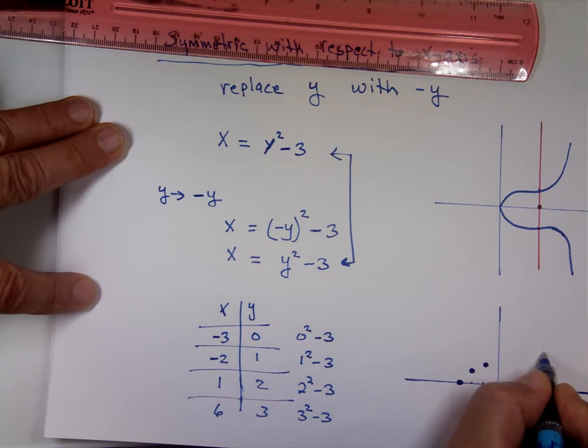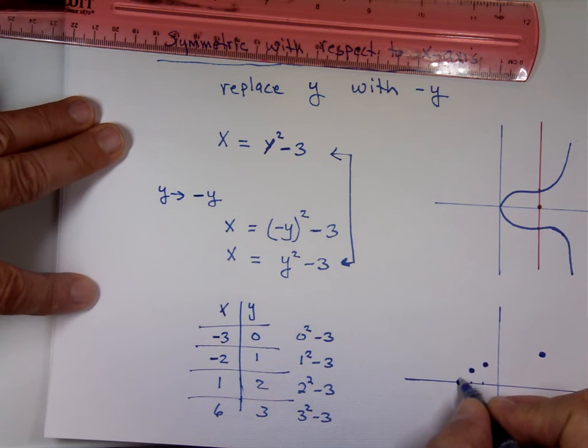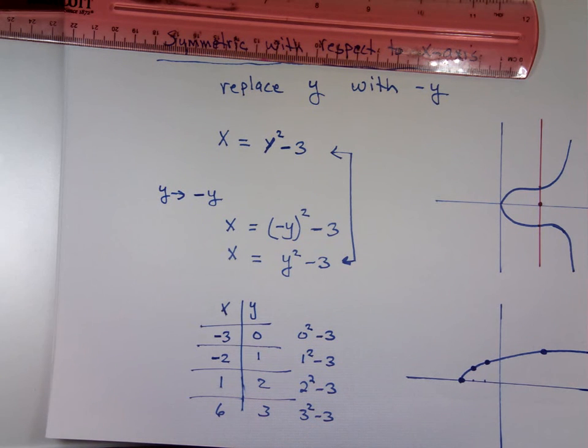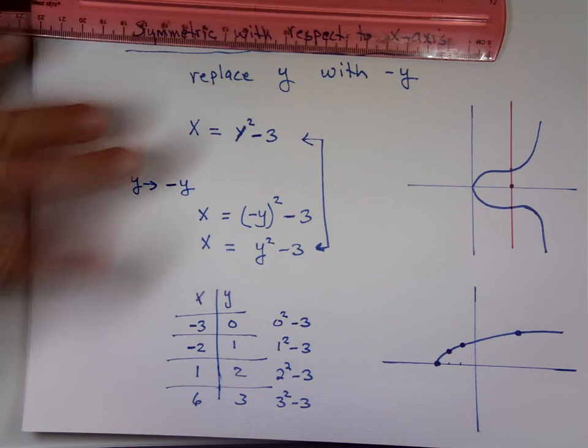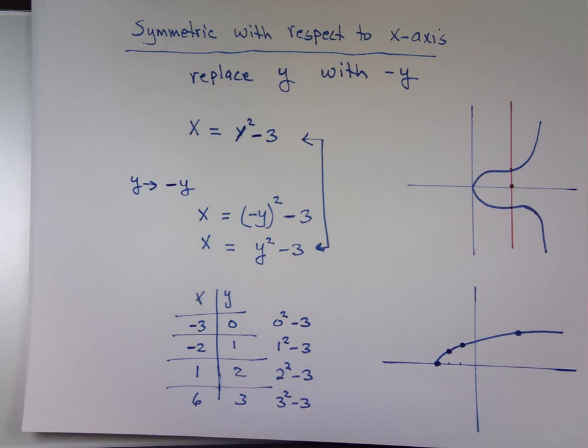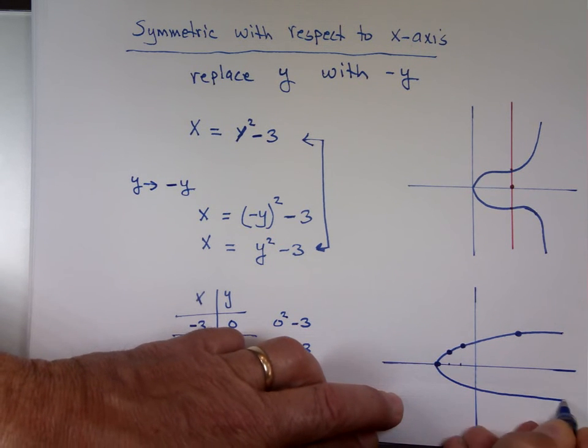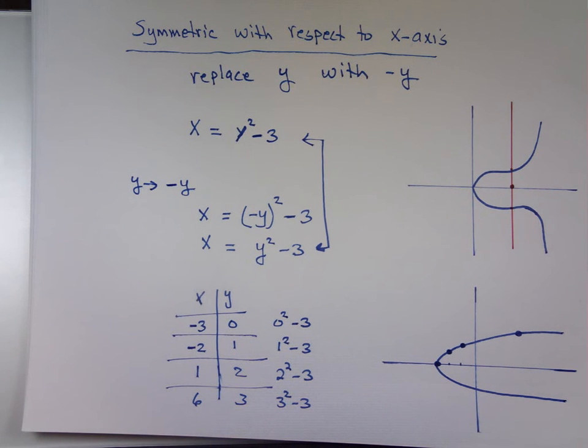The graph looks like this. Since it's symmetric with respect to the x-axis, what does the other half look like? I'll have to do half of it. So this is symmetric with respect to the x-axis.